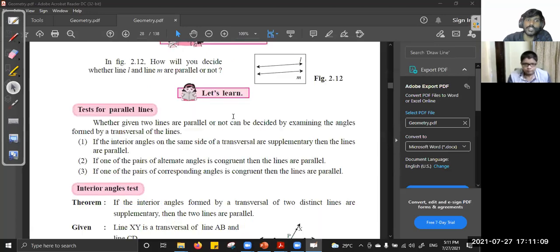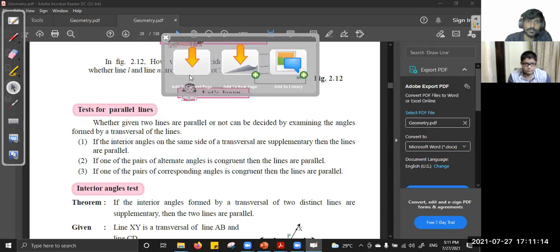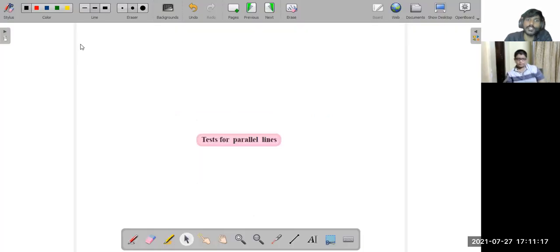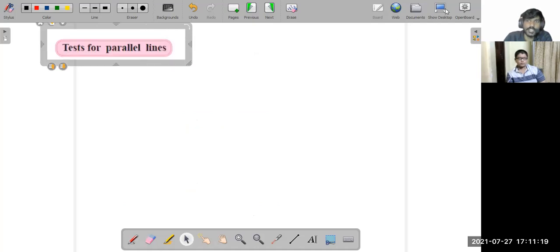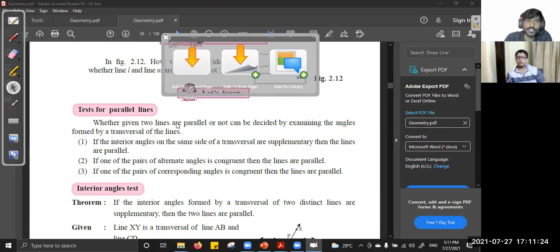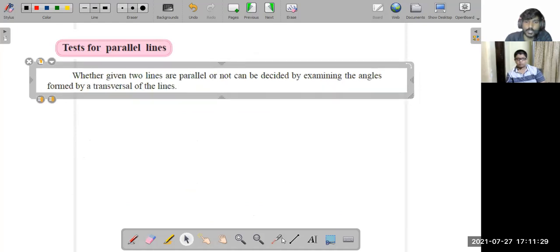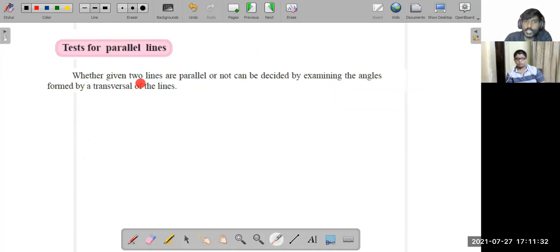Next, we can move to tests for parallel lines. Now, what are the tests for parallel lines? Understand that first. Just listen to me. Whether given two lines are parallel or not, how to decide that? That can be decided by examining the angles formed by a transversal of the lines.